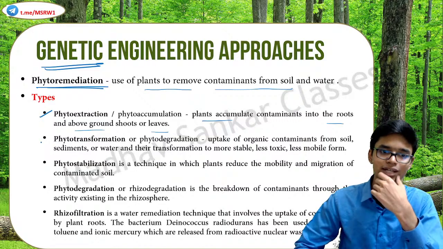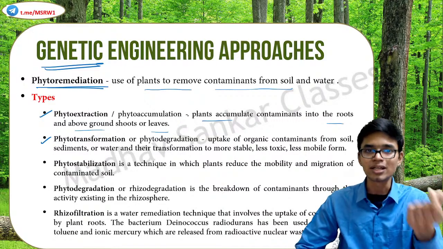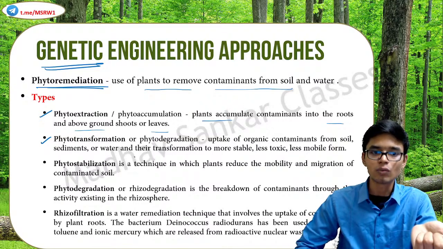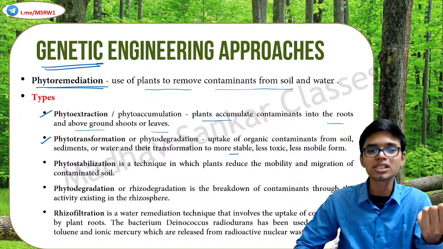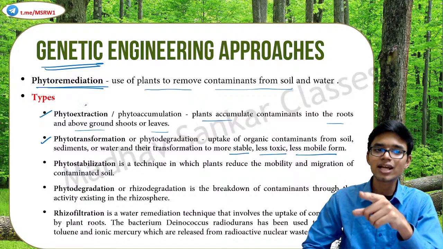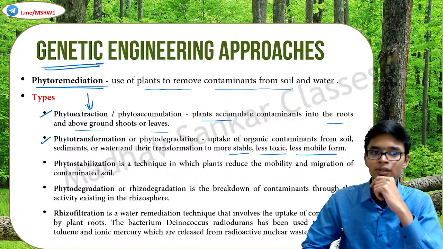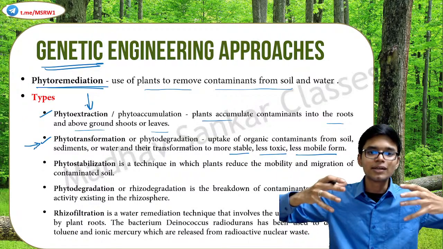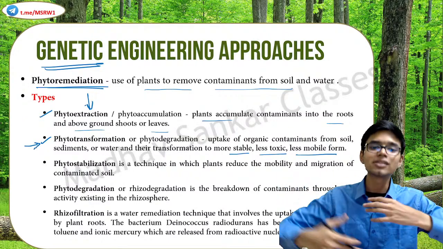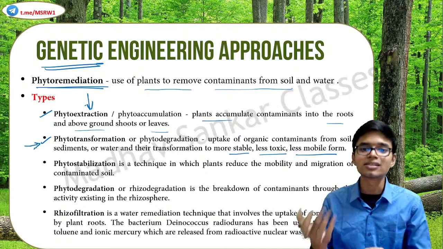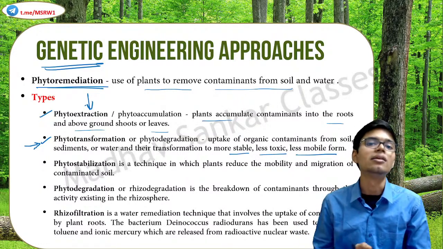Then we have phytotransformation or phytodegradation. Here, the uptake of organic contaminants from the soil, sediments, or water and their transformation to a more stable, less toxic, less mobile form. So in phytoextraction, only accumulation takes place. In phytotransformation, it takes in the contaminants and then transforms them into something which is more stable, less toxic, and less mobile.